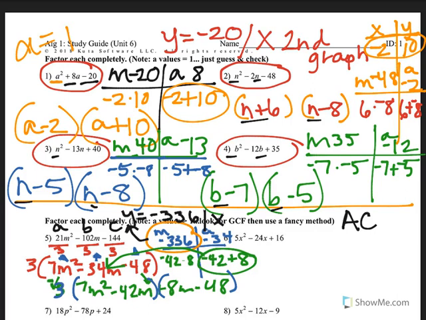So the first term, I can pull out an m, and I'm also going to divide both of these, so it's like 7m, and then divide this one by 7m. And then I'm going to do the same thing, and this is actually supposed to be positive 8m. So I'm going to divide by 8. And I can't divide by 8m because the 48 doesn't have an m attached to it, obviously.